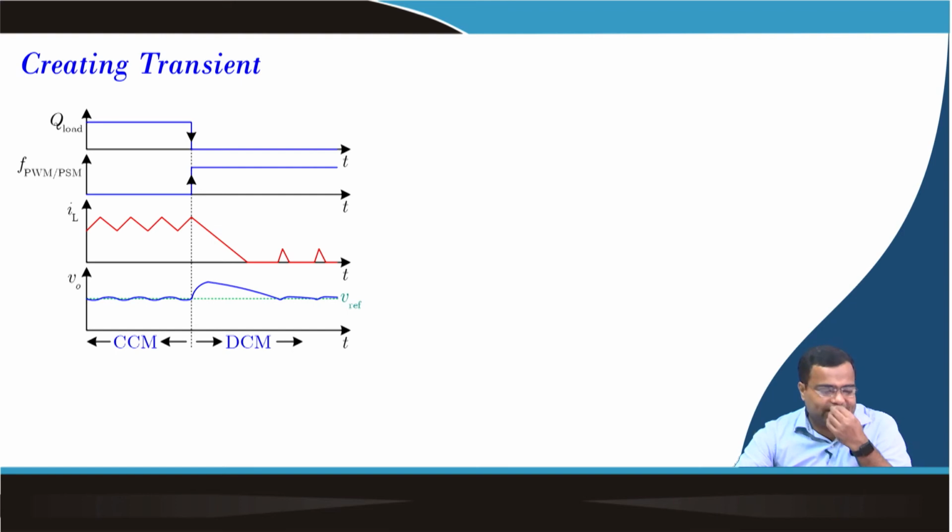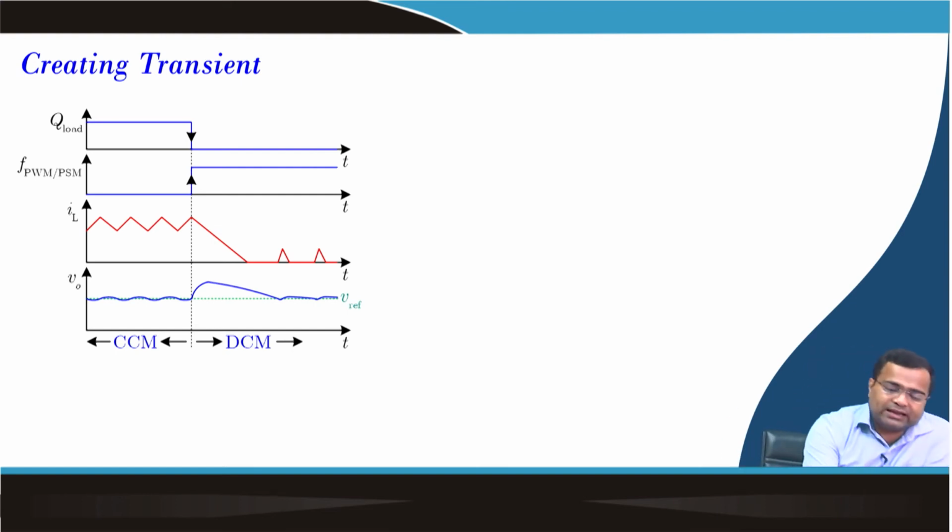So now we are creating a transient. Suppose when it was in high load, we know the load is high, then we are operating in PWM. Suppose it goes to PSM, that means when it goes to light load.